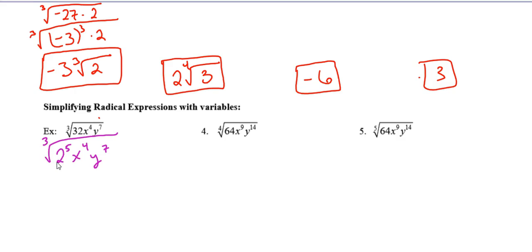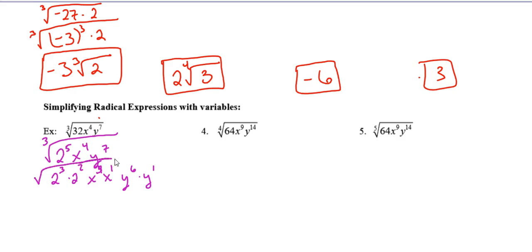All right, so now, because I'm taking the third root, I'm looking for anything that has exponents that are multiples of 3. So I can break 2 to the 5th down into 2 to the 3rd times 2 squared, right? X to the 4th becomes x to the 3rd and x to the 1st. y to the 7th becomes y to the 6th times y to the 1st.